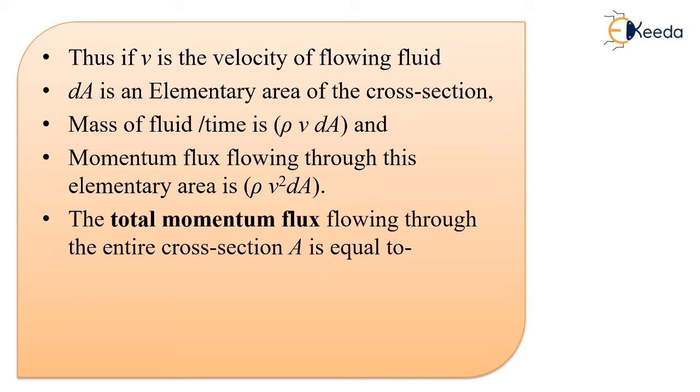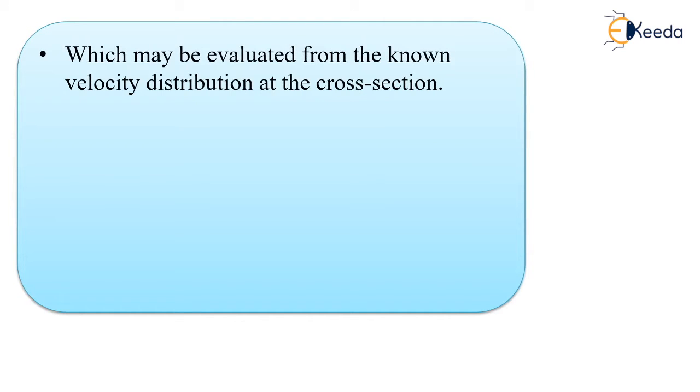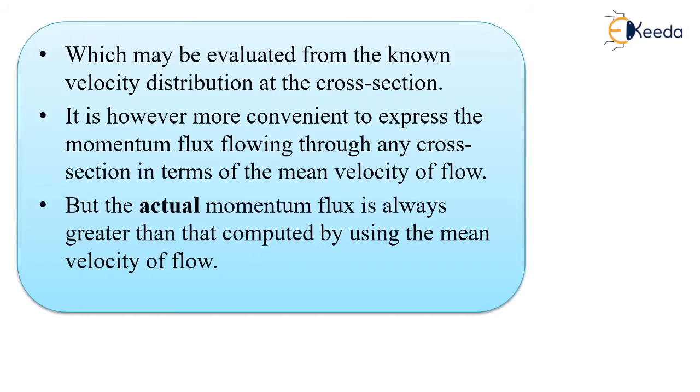The total momentum flux flowing through the entire cross section A is equal to the integration of rho into v square into dA, which is equal to W upon g into v square into dA, which may be evaluated from the known velocity distribution at the cross section.